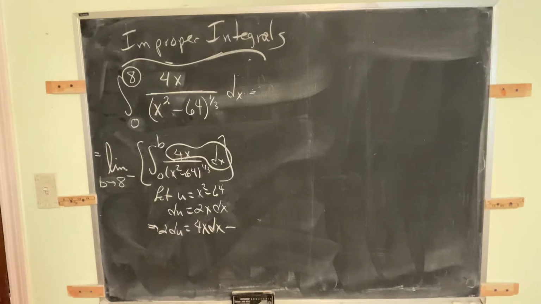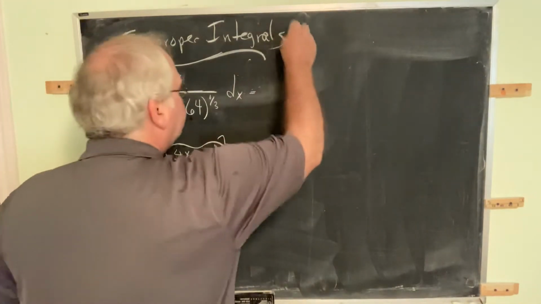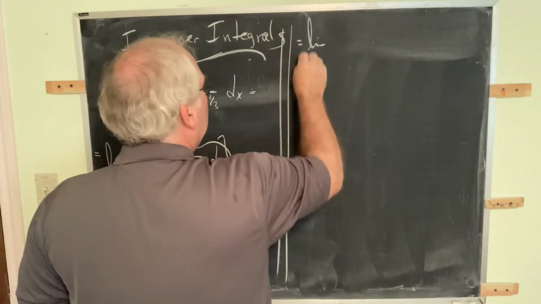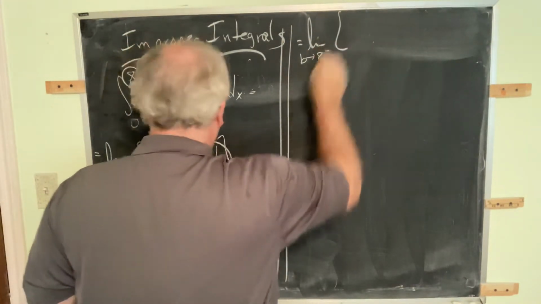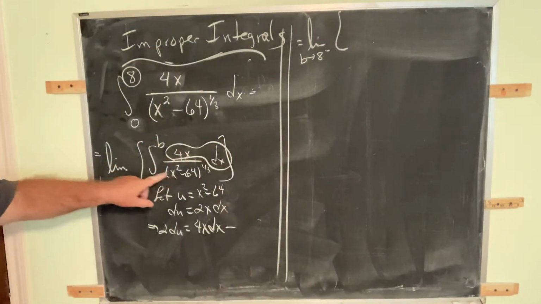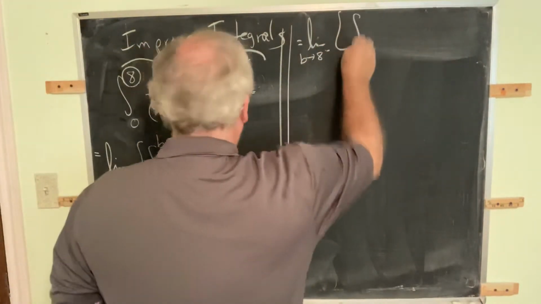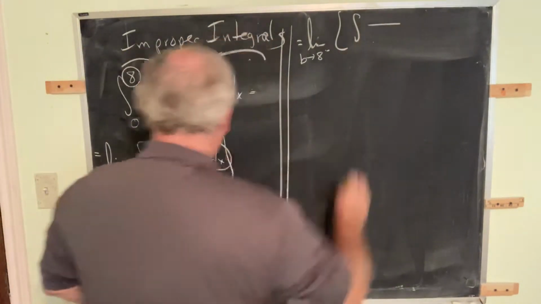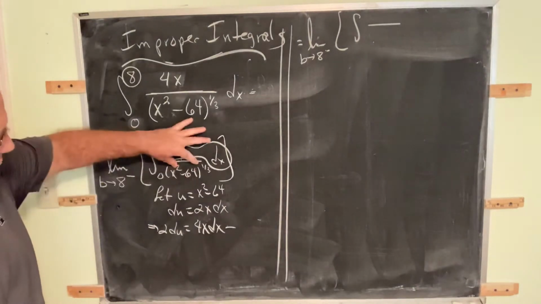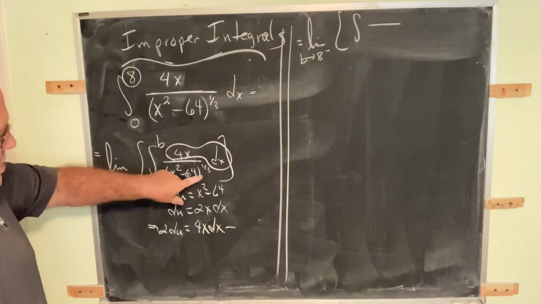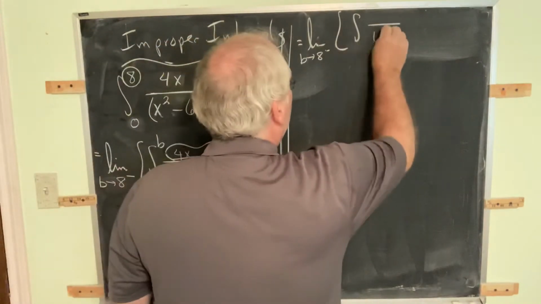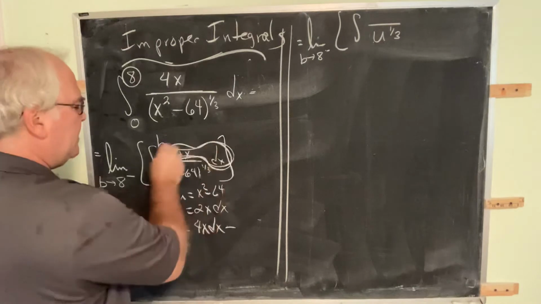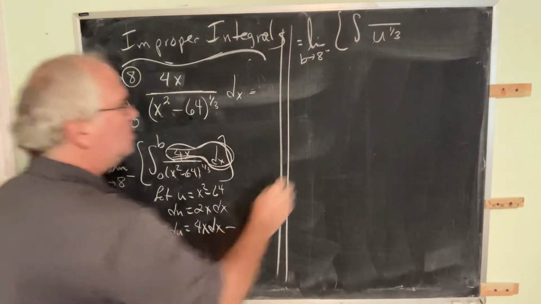All right, so what do we have here? This is the limit as b approaches 8 from the left. The antiderivative is the antiderivative. We don't know that we're going to change the variable. (x squared minus 64) to the 1/3, that's u to the 1/3 in the denominator. 4x dx in the numerator, that's 2 du.